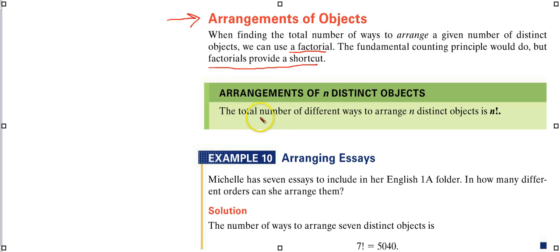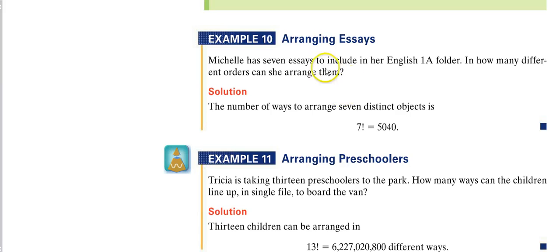So the total number of different ways to arrange n distinct objects is n factorial. And again, we're showing you how to make things easier for yourself.